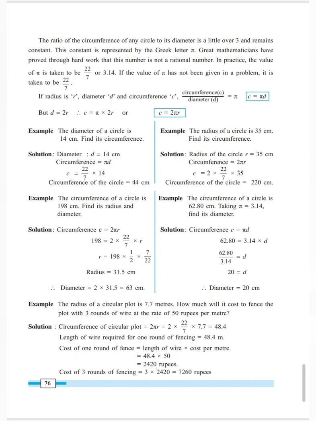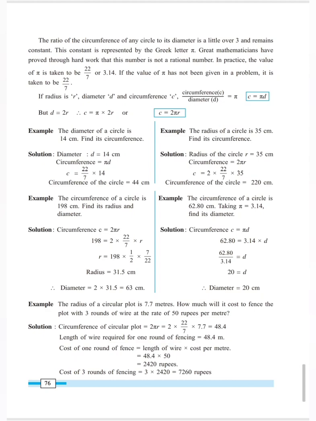So your final answer is 62.80 upon 3.14 is equal to 20. 3.14 multiplied by 1 is equal to 3.14 and 3.14 into 20 will give you 62.80. So D is equal to 20. Now in what unit it was? Circumference is in centimeters. So diameter will also be in centimeters only. Therefore D is equal to 20 centimeters.